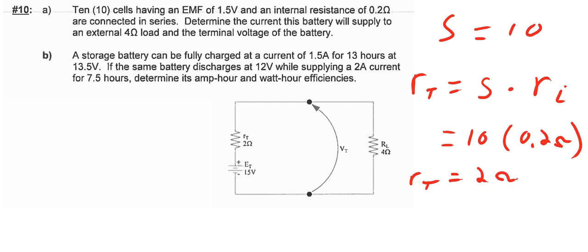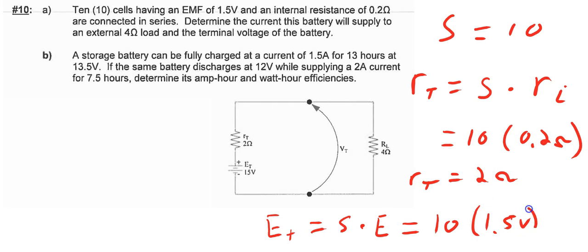In addition, we have the total EMF of the battery is equal to S multiplied by the EMF of a single cell, which gives us 10 multiplied by 1.5 volts, or 15 volts for ET.